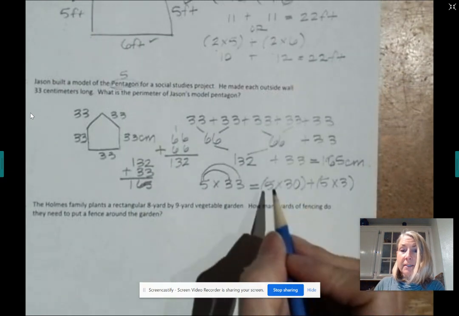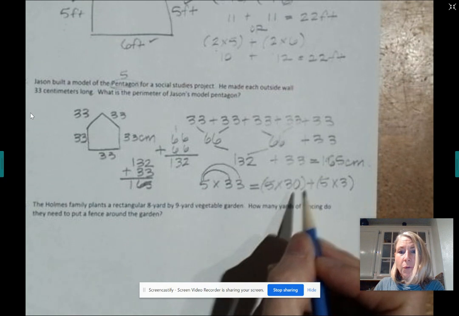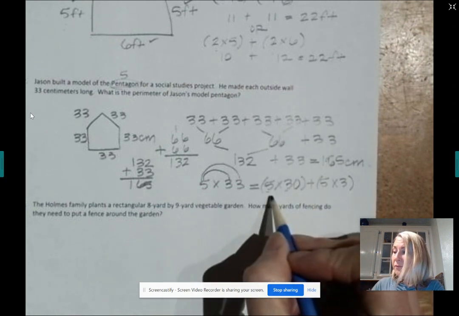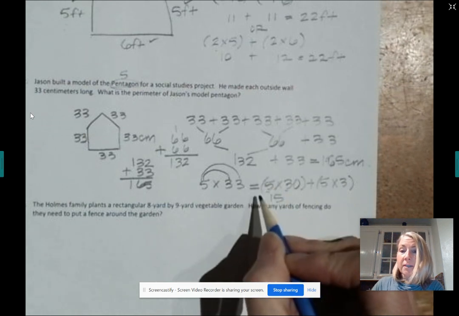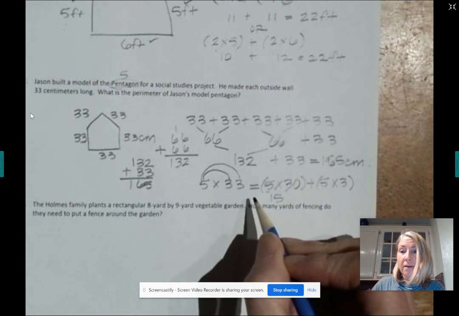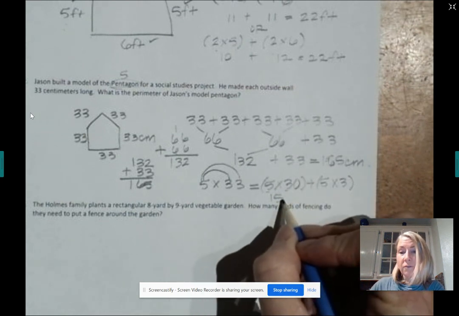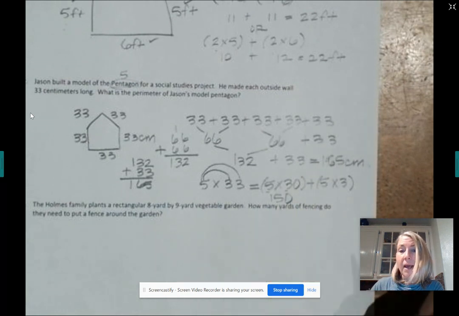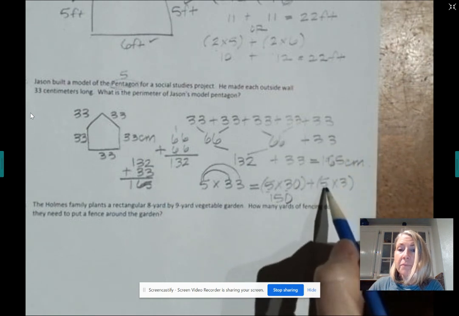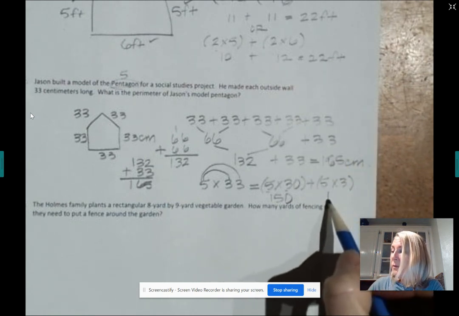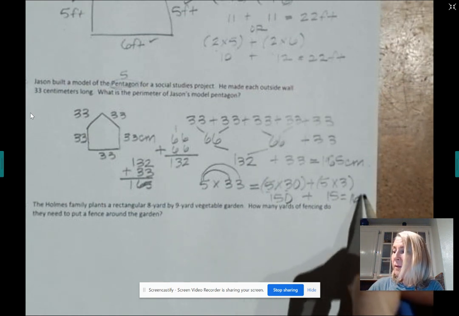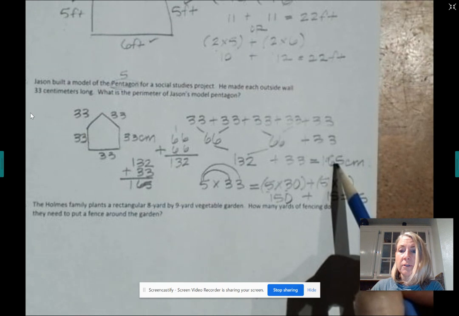So even though this is leaving me with a 5 times 30, you guys know when it's a multiple of 10, we can think 5 times 3, that's 15, shifted over. On a place value chart, it would push this 15 over, and we would add this 0 because it's being pushed over a column on the place value chart. Then we have 5 times 3, which is 15. I add those two answers up, and voila, I have the exact same answer as I got by adding them all.